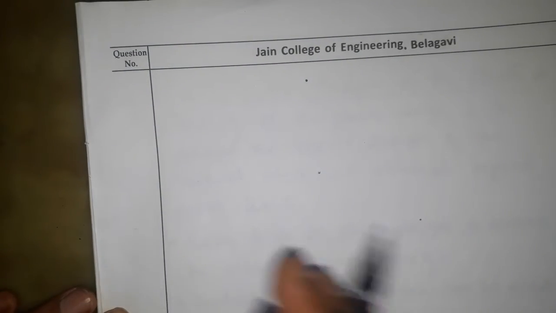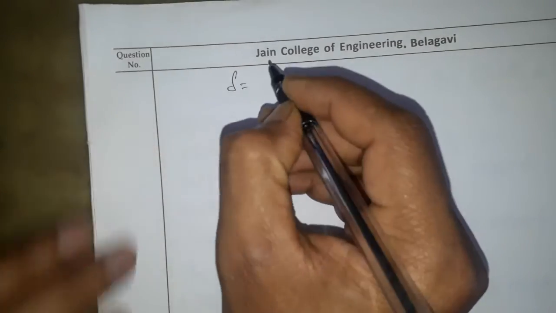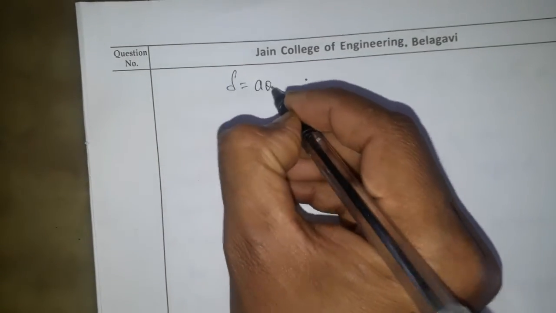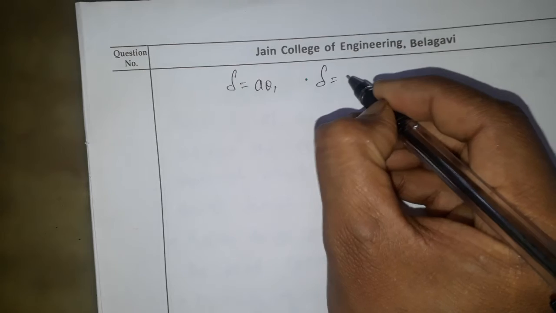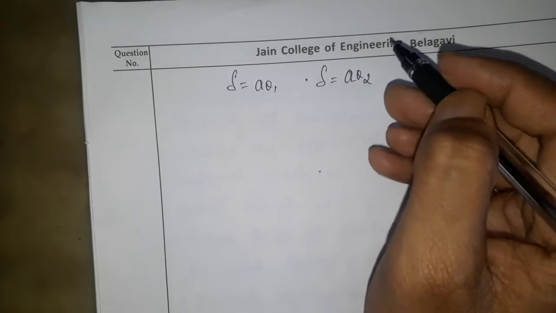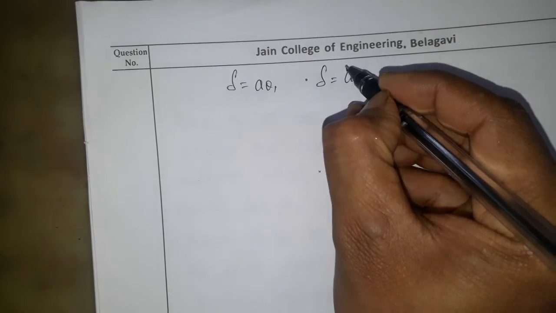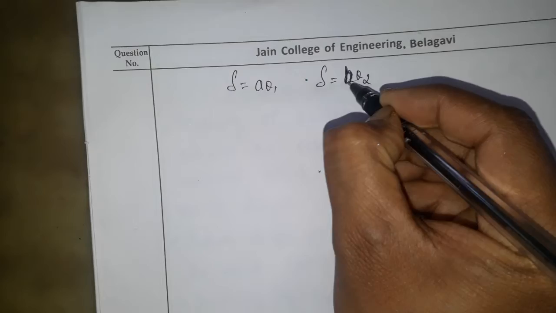And therefore delta is equal to A theta 1 and again delta is equal to B theta 2.